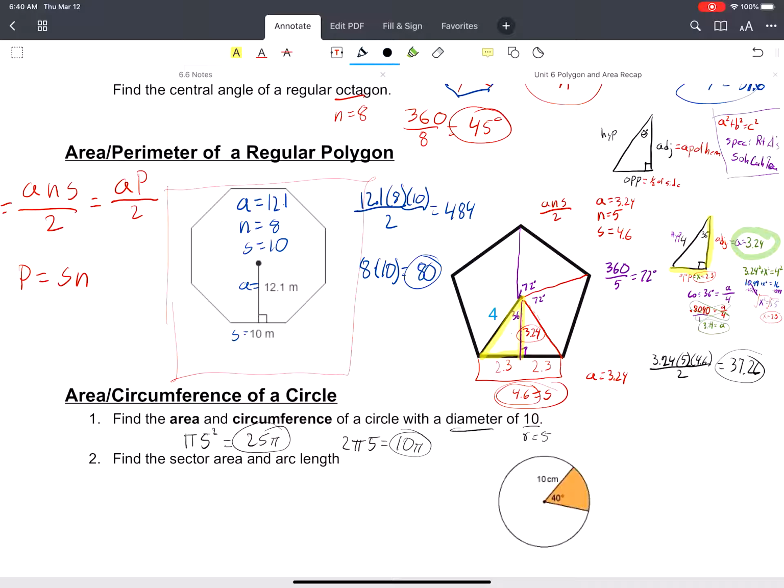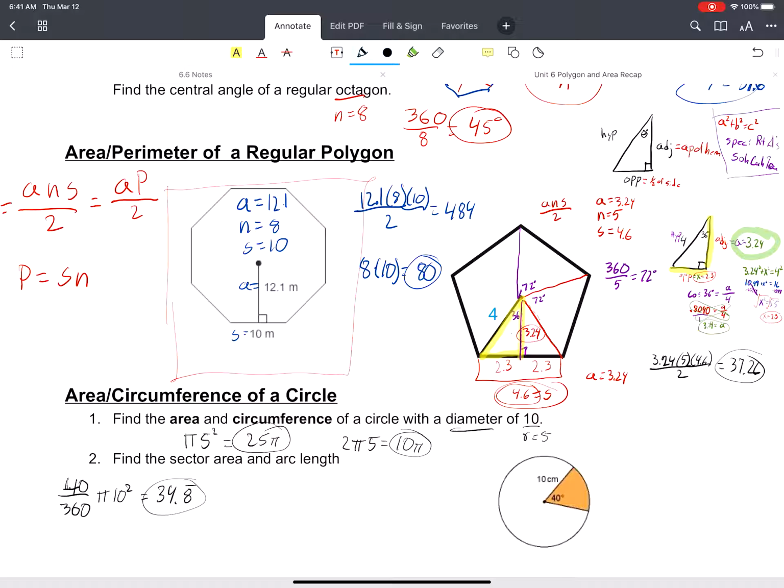Finding sector area and arc length. Sector area is always whatever the measure of our angle over 360 times the area formula, which is pi r squared. So pi times our r, in this case 10, squared. Multiply those all together, we get 34.8 repeating.